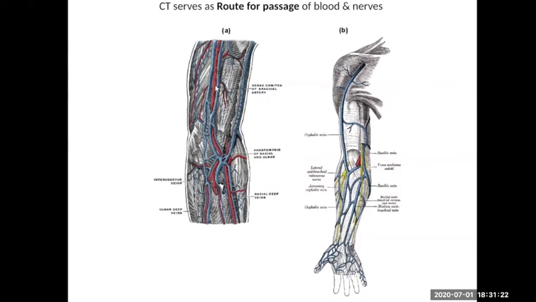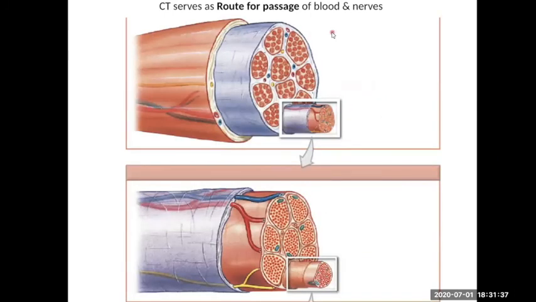So here's your arm, a dissected picture of your arm. They've removed the connective tissue, so all the blood vessels, the stuff we want to see, is visible right here. But normally this is all embedded, right, within the connective tissue layers. So within here, this is within your muscle right here.